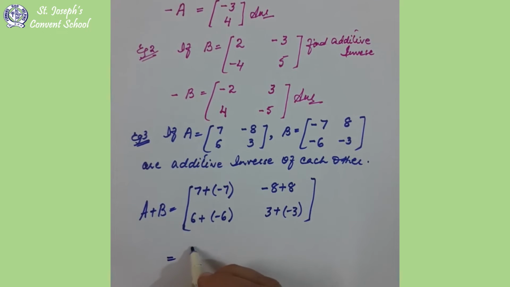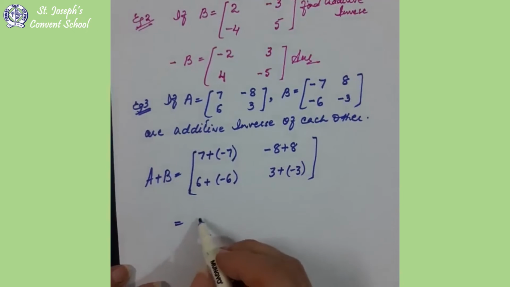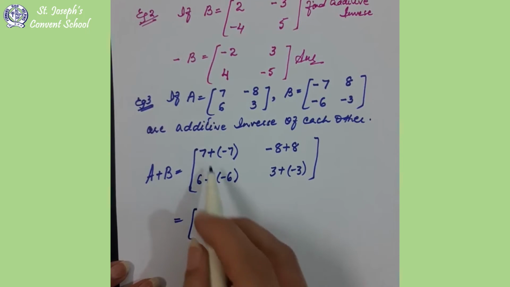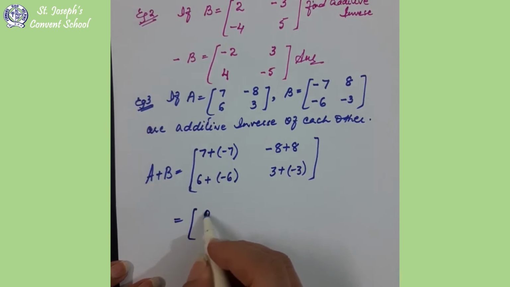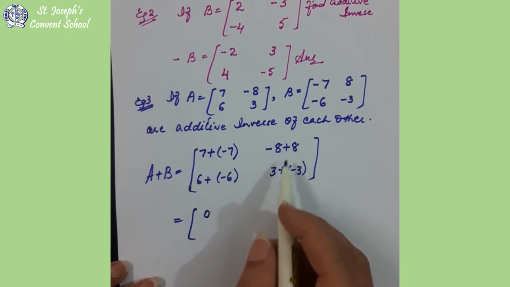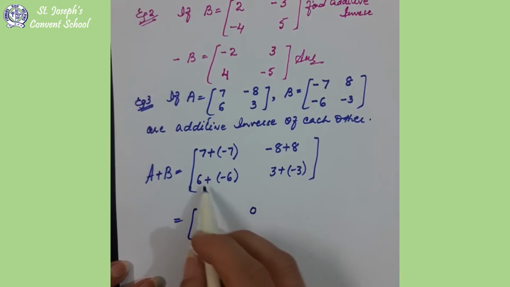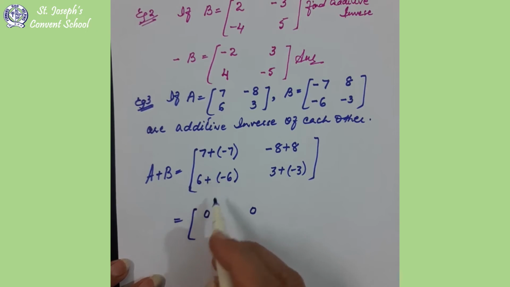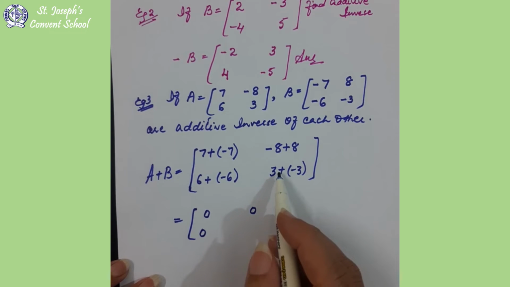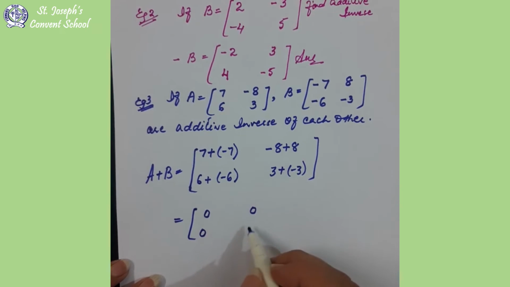So you can see that after solving, 7 plus minus 7 is 0, minus 8 plus 8 cancelled, 0, 6 minus 6 is 0, and 3 minus 3 is 0.